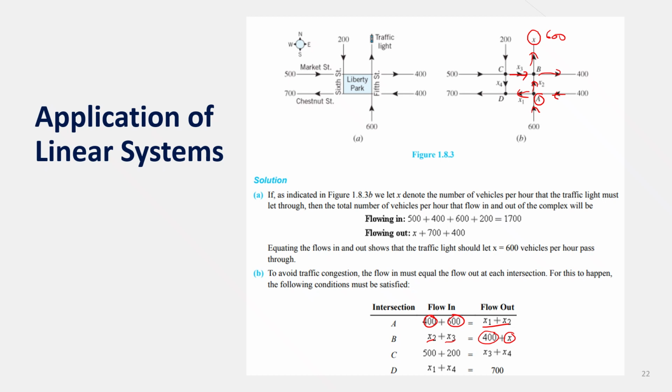For C, in is 200 plus 500, and out is x3 plus x4. For D, x1 in here and x4 here equal 700. Then you have the linear equations, and you can solve them using substitution as we did earlier, or several methods that we already studied.